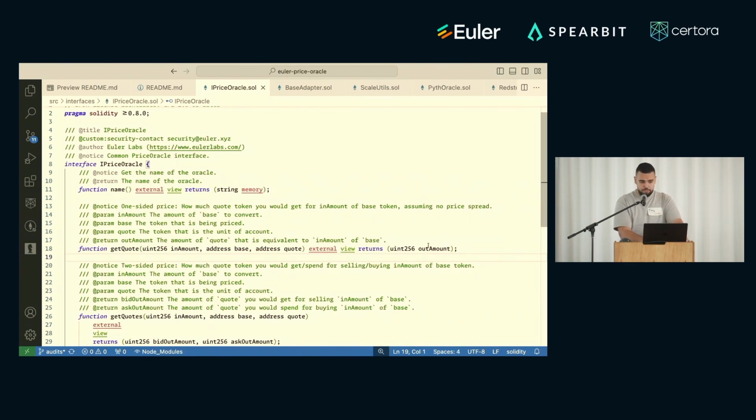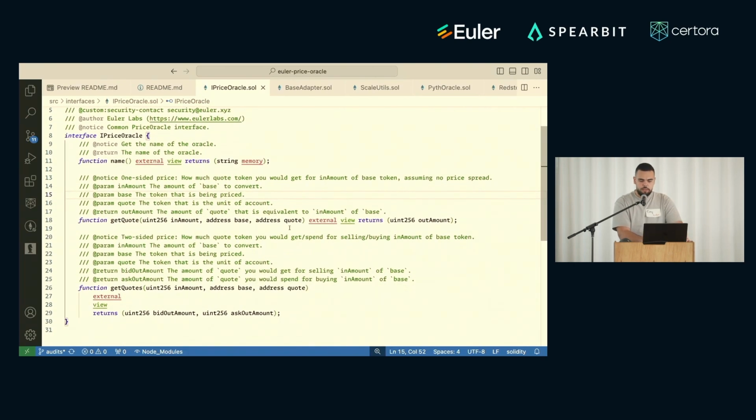So getQuote basically answers, what is the equivalent amount of this quote asset to a given amount of this base asset.